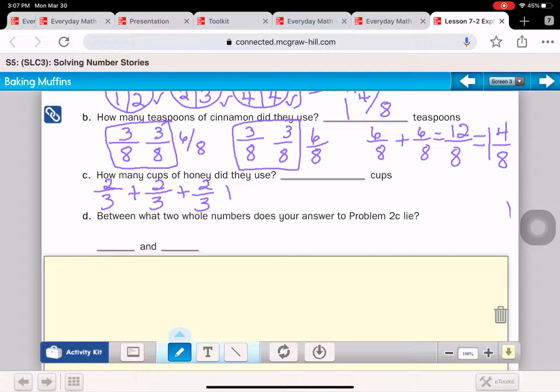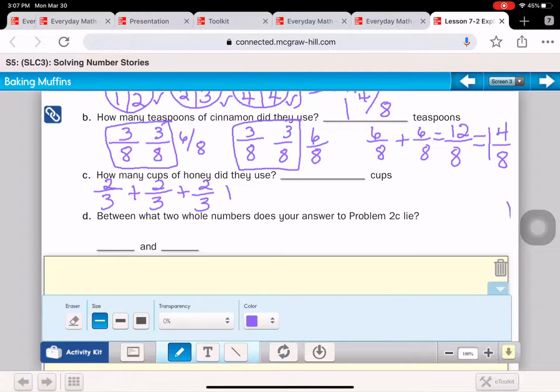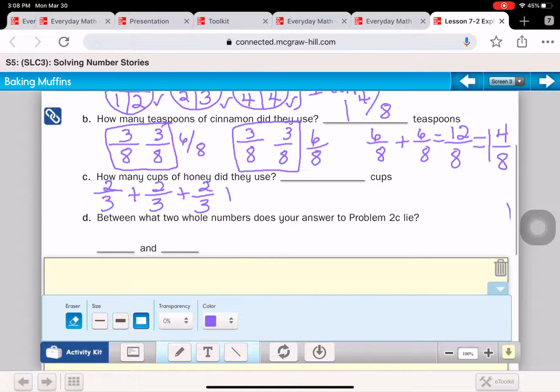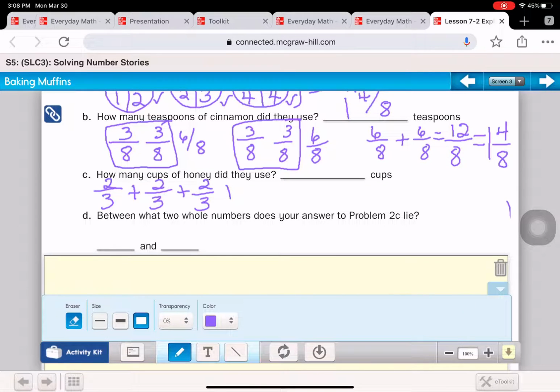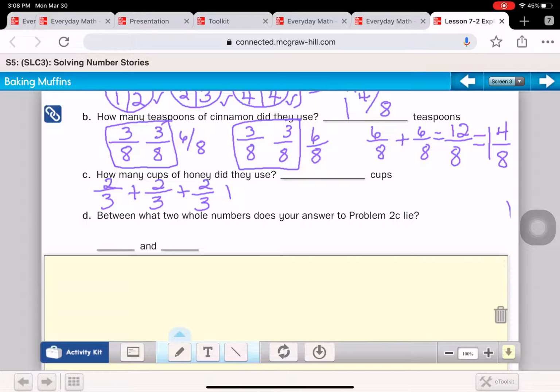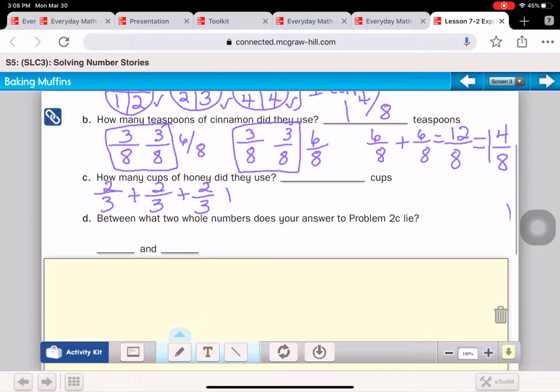It should be 2/3 there. Let's see. I don't know if that's going to help at all. Nope. There should be a 2/3 there. We're going to keep going, kiddos, because we're almost finished with this.